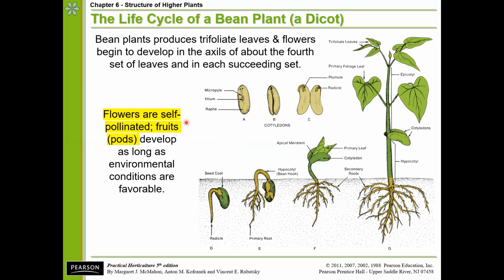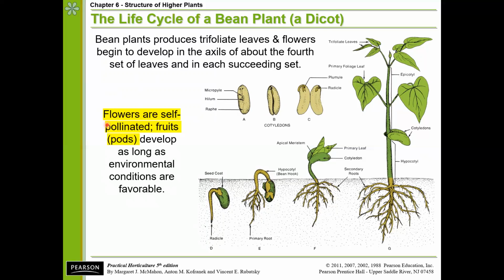So in a bean flower, you've got both the male and the female sex parts, and they are able to pollinate themselves. And our fruits are going to form just basically as long as we have proper environmental conditions. As long as we have the optimal conditions for fruit and flower production, we will get flowers and fruit.